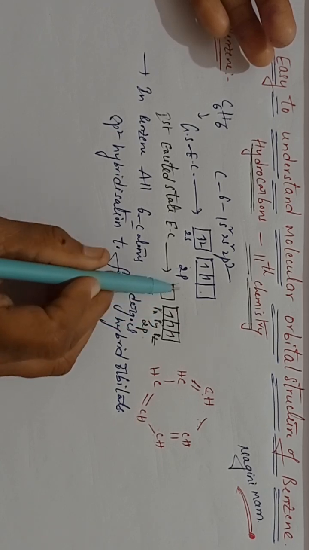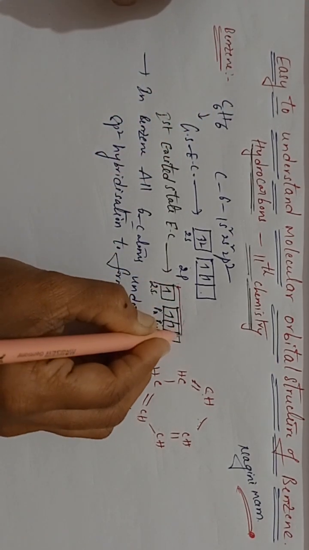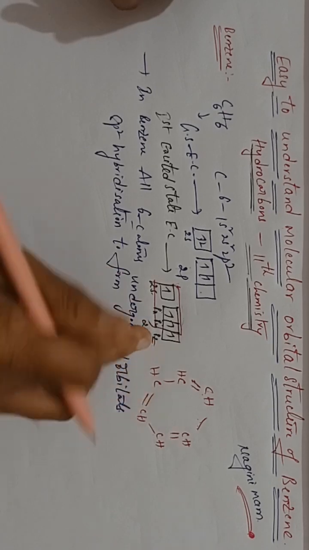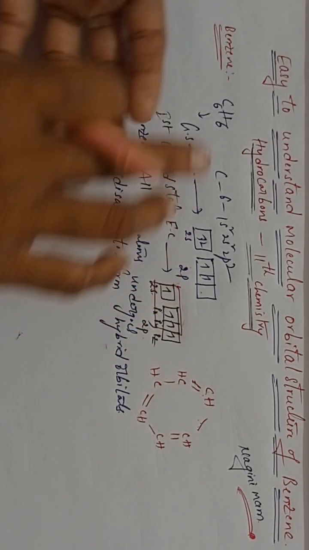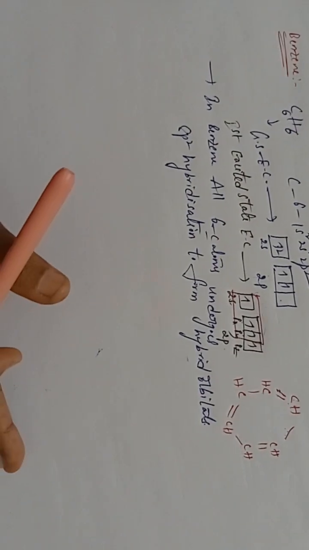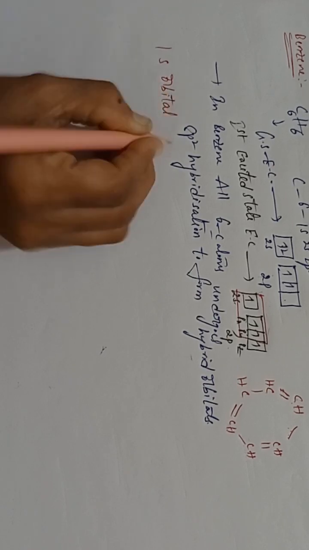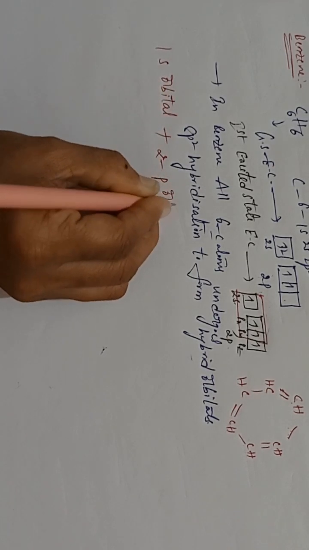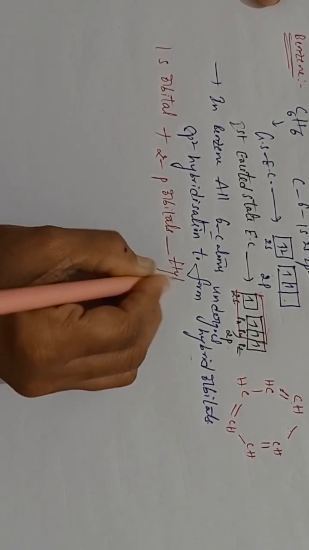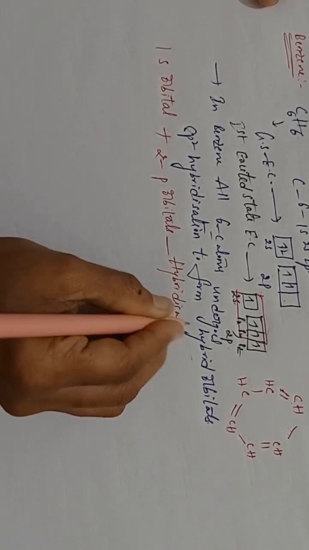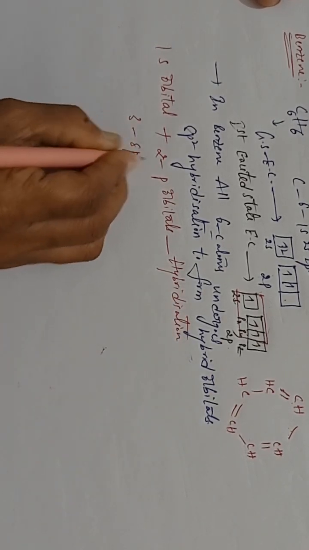These 3 orbitals undergoing hybridization produce 3 sp2 hybridized orbitals.